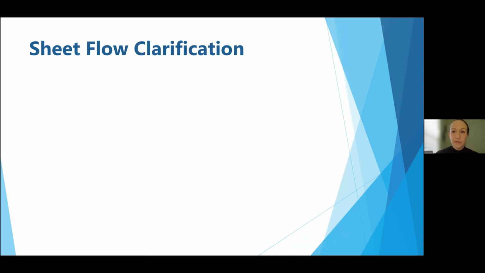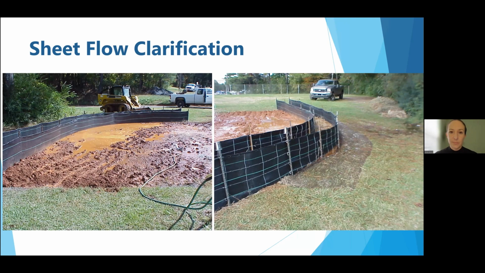For sheet flow clarification, another really common and very effective BMP that's actually been spec'd in a couple of states is the sediment retention barrier. This is basically two rows of silt fence with straw or mulch layered with that site-tested form of the silt stop granular polymer in between. That silt fence alone isn't going to take out fine clays.